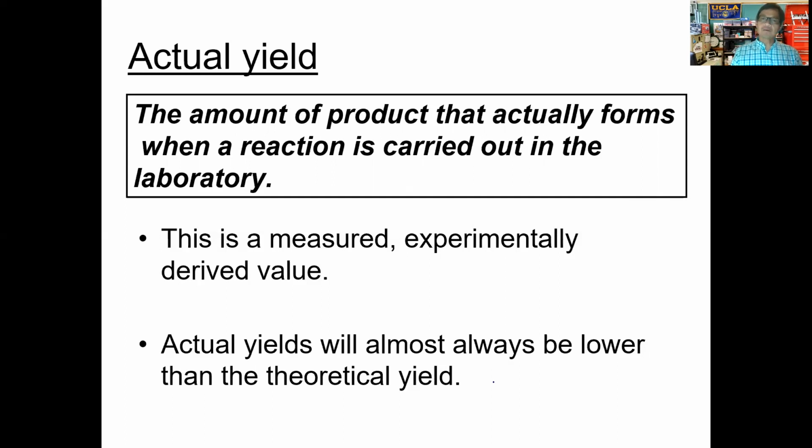But in the problems that we're going to do, the actual yield is described for you in the problem. What you have to be able to do is identify that actual yield in the problem itself, and that's something you have to practice. But for the most part, it's pretty straightforward. They will tell you what the actual yield is.